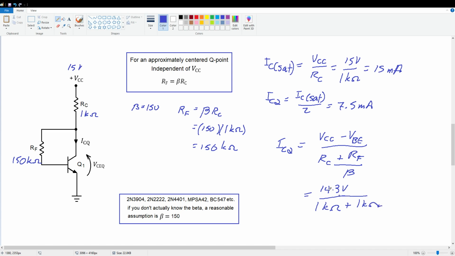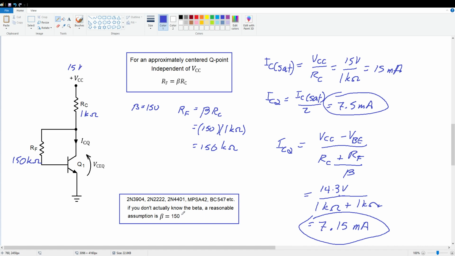So we end up with 14.3 divided by 2K ohms, which is 7.15 milliamps. We wanted 7.5, we got 7.15. That's pretty close. So this will always give you a pretty well-centered Q point. Not exact, but close enough for most applications. And again, for the typical transistors that you'll be using in a circuit like this, a beta of 150 is probably a better approximation than 100.